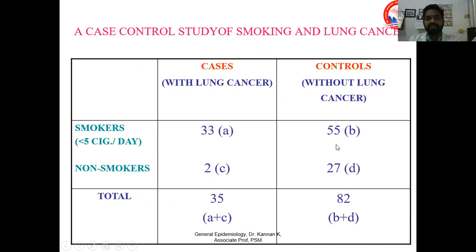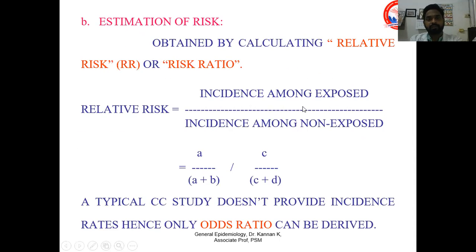So what is the incidence rate of disease among the exposed? This is the case, right? This is the incidence. So 33 divided by 33 plus 55 will be the incidence rate among the exposed. Here you can see A divided by A plus B, the incidence among the exposed.